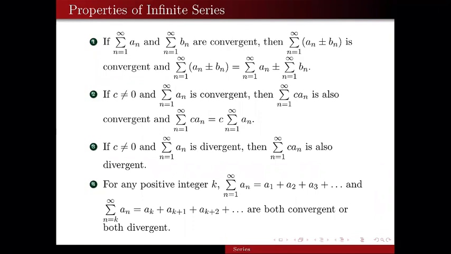If they are both convergent, the actual sum will be different. Of course, because in here you started with n equals 1. You are adding all the terms. On the other hand, in here, you dropped the first k minus 1 terms. Correct?